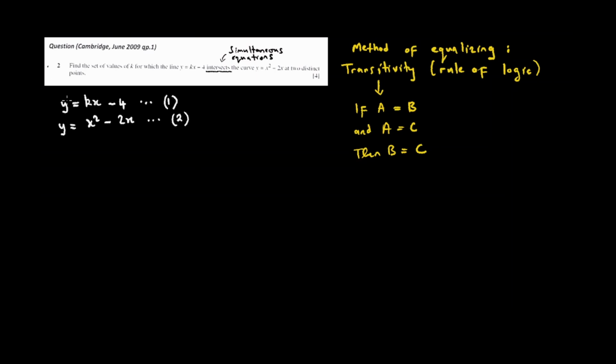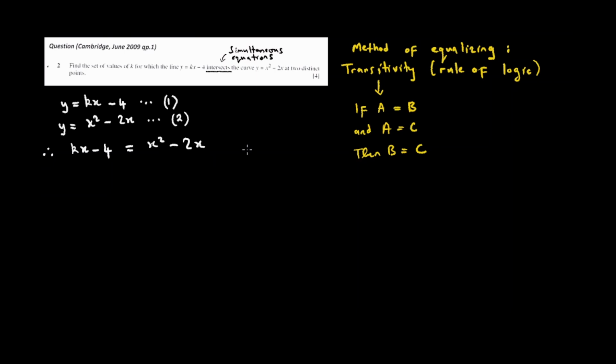Because we are told that y is equal to kx minus 4, and also told that the same y is equal to x squared minus 2x, this means, therefore, kx minus 4 is equal to x squared minus 2x. This is the method of equalizing.